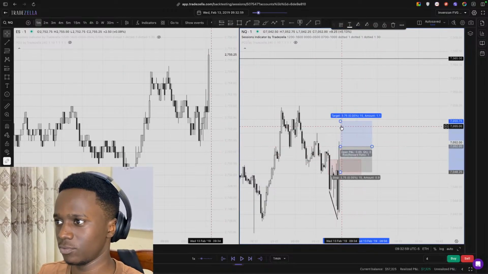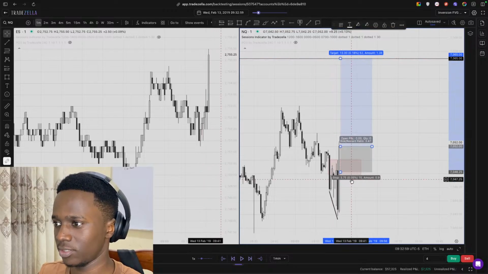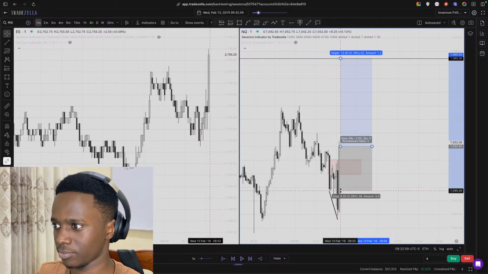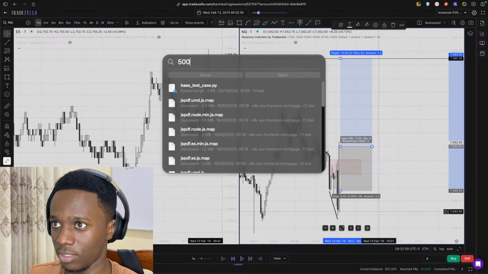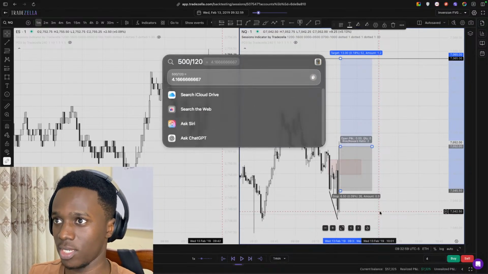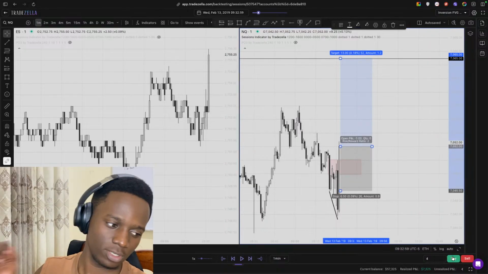Obviously longs will be to this high here because it's the obvious draw, and that'll be 500 over 120, giving us 4 minis long.